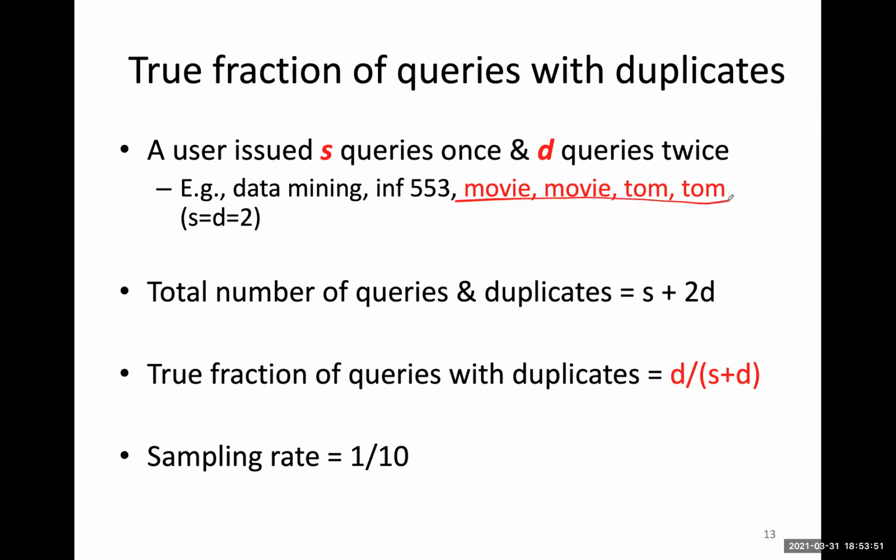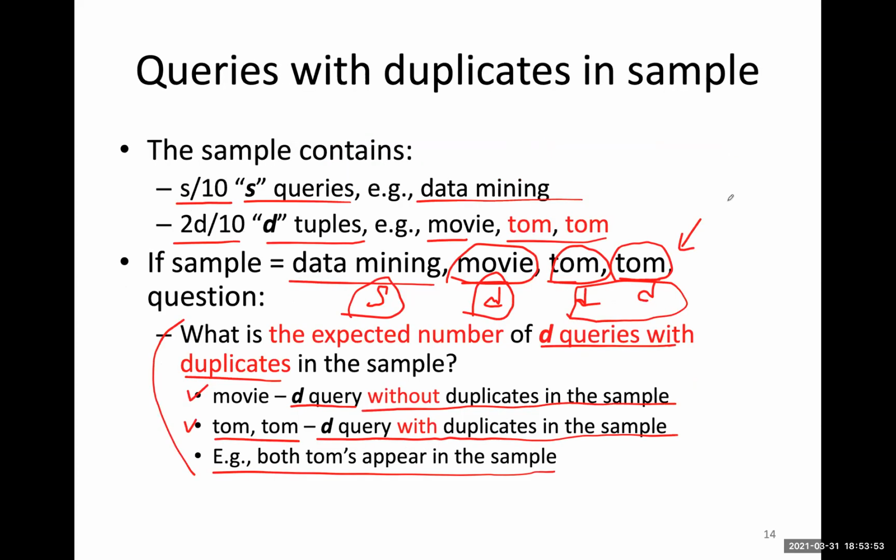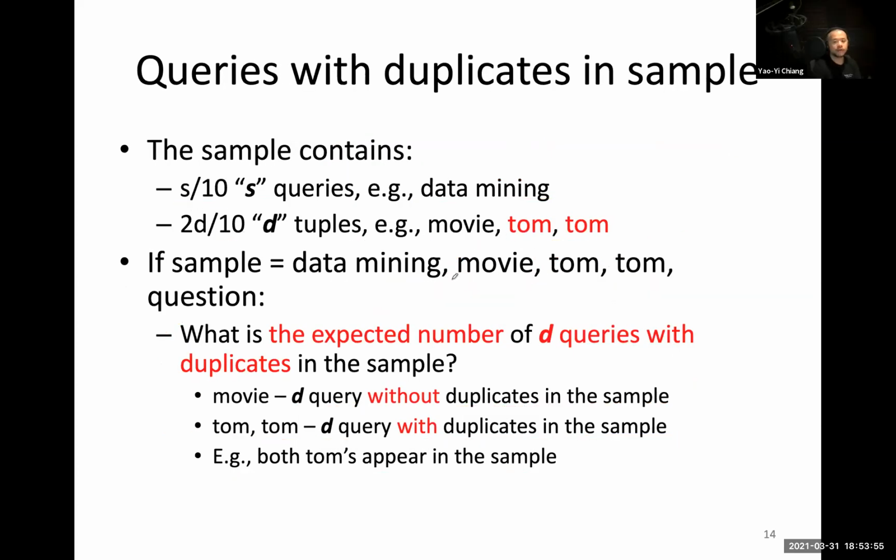But in the sample, it could be that for Movie, only one of the movie entries is selected into the sample. The other got thrown away. For Tom, both of them got selected into the sample. Oh, okay. Makes sense? Yeah. Okay. Think about this over the break.